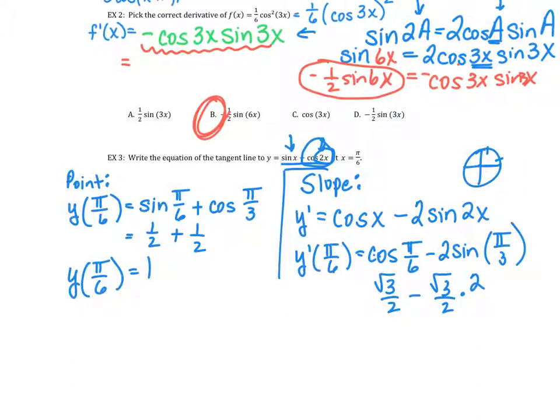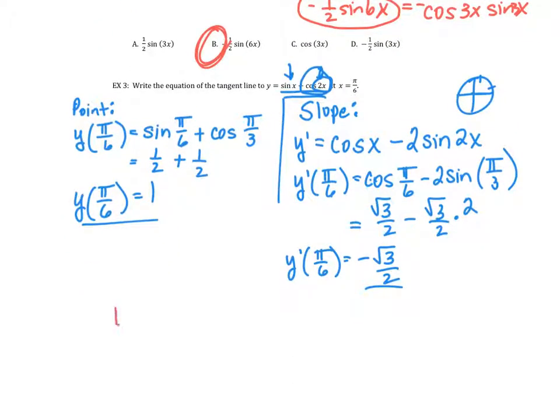So I have 1 square root of 3 over 2 minus 2 square roots of 3 over 2. Well, 1 minus 2 of anything is just going to be negative of that thing. So I have that. So I have my point, I have my slope, and I can rock out the equation of the tangent line.